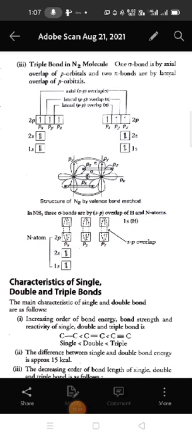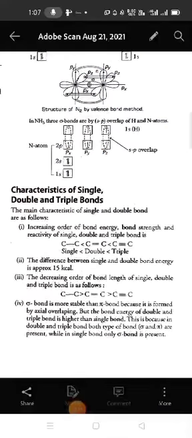Now the characteristics of single, double and triple bonds. First is the increasing order of bond energy, bond strength and reactivity of single, double and triple bond. The triple bond is more reactive, and the triple bond also has more bond strength and more bond energy.